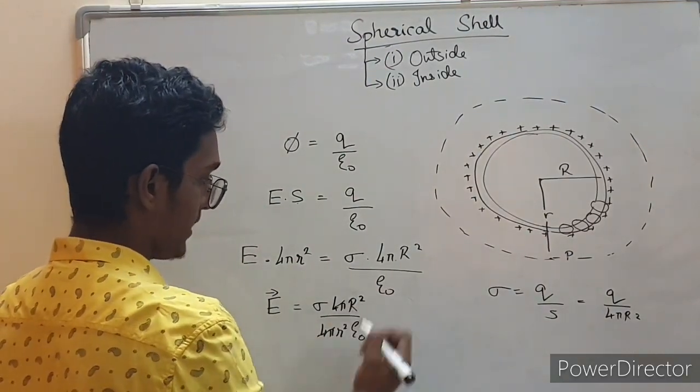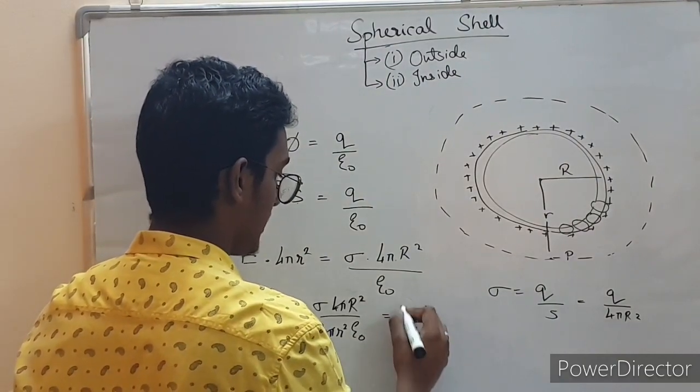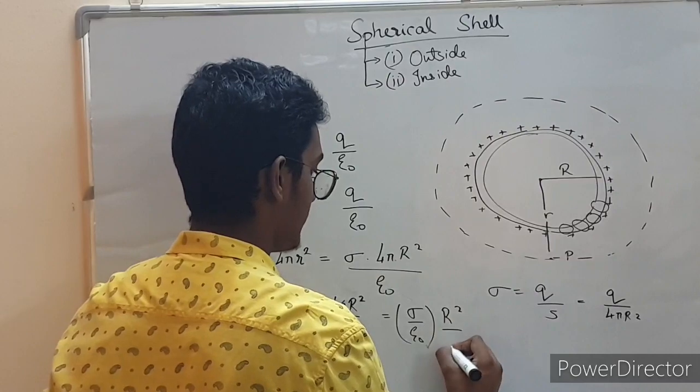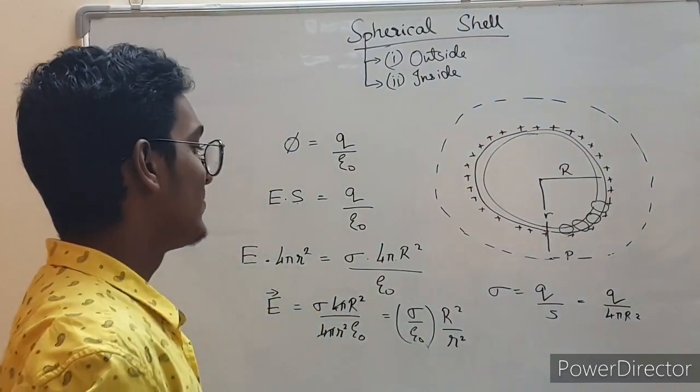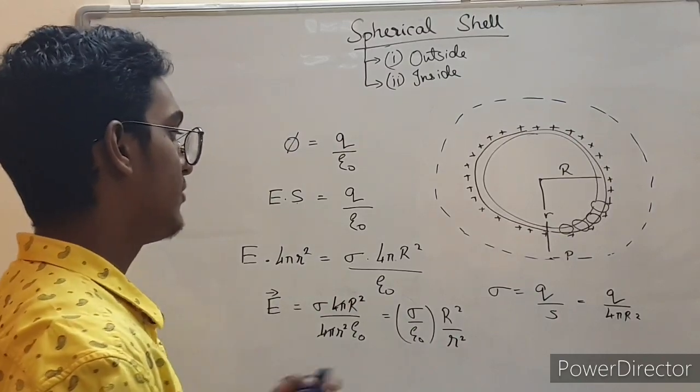The 4 pi and 4 pi cancel off. So you're left with sigma by epsilon naught into capital R squared divided by small r squared. This could be your final step, but if you want, you can substitute back the value for sigma.